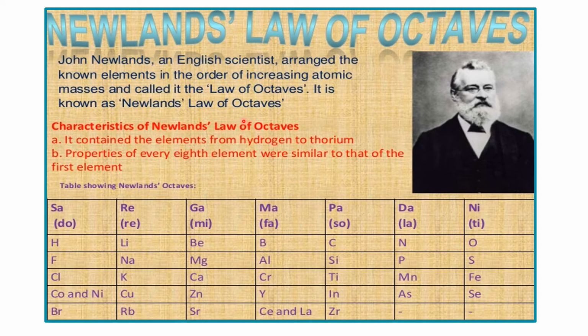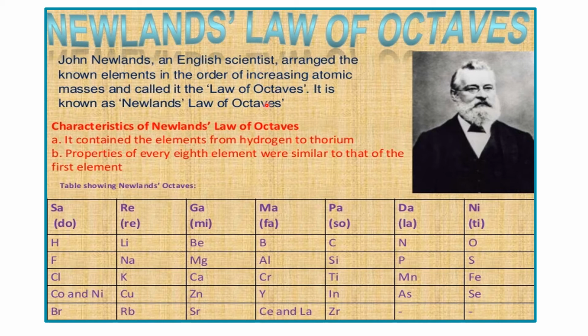So here, to solve the problem of arranging the elements, John Newlands arranged the elements in the same way, that is in the order of increasing atomic masses. But he took a new concept, that is the law of octaves. What is this law of octaves?